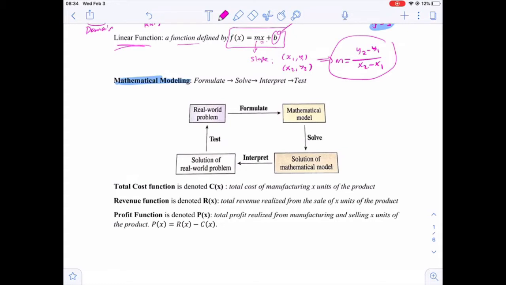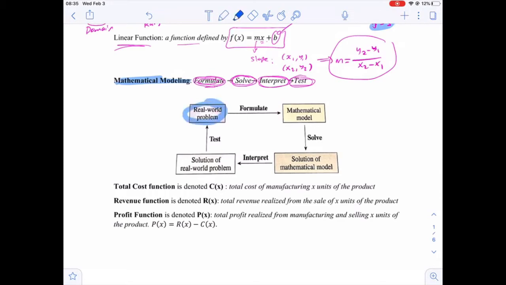Now, the process is the following. We first formulate, and then we solve. We formulate equations, or one equation if we can, then we solve for the variable, and then we interpret the result, and after that we can test our solution to see if it's correct or not.